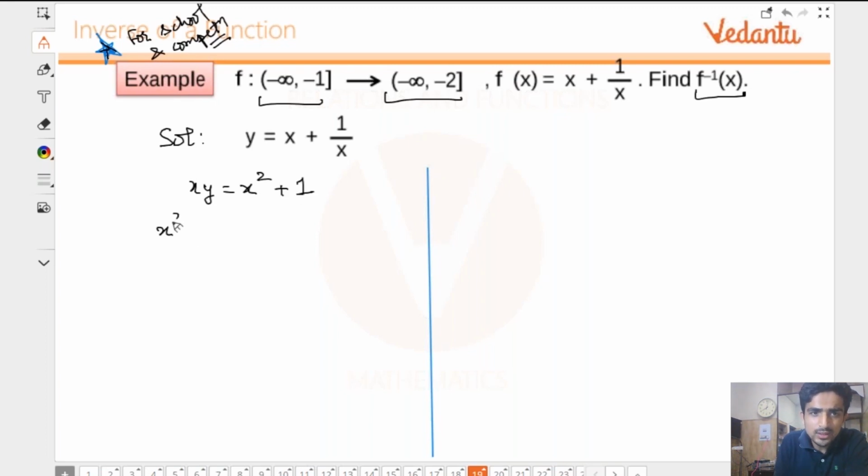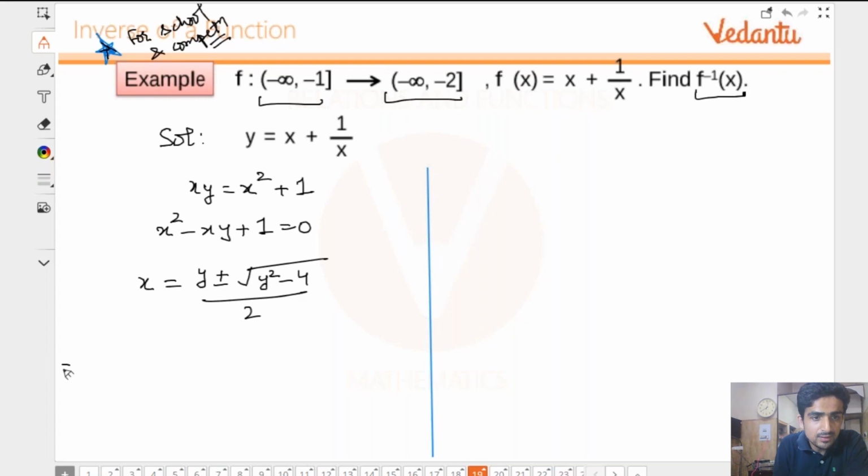That is x square minus xy plus 1 equal to 0. That is what I can do. Nothing else I can do. Now clearly, to express x in terms of y, I'll find the value of x. Minus b plus minus root of b square minus 4ac by 2a.